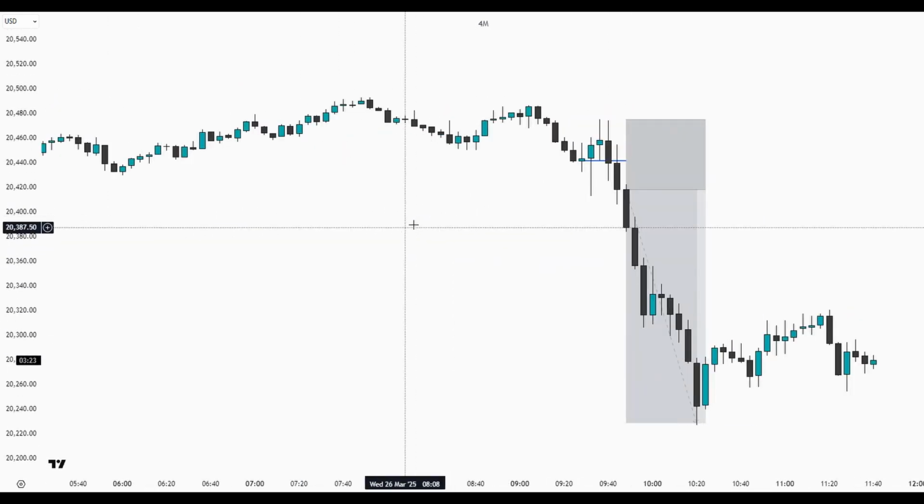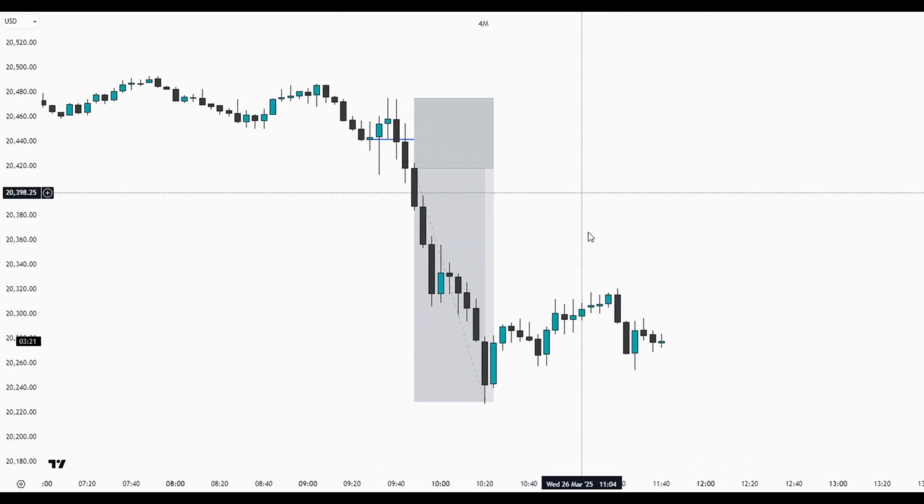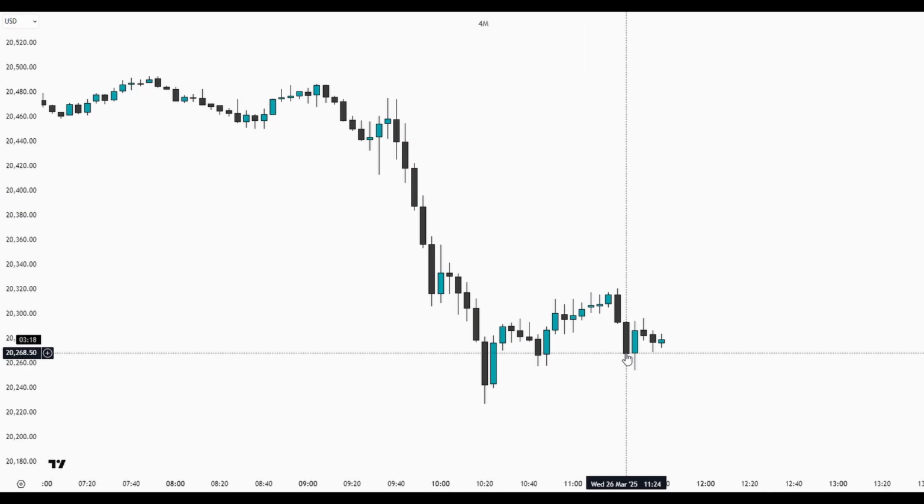So yeah, that was the trade. Two of them actually, but two of them in the same direction. One that was stopped out in profit after a partial was taken, and another that had literally most of my PTs hit, but one contract.